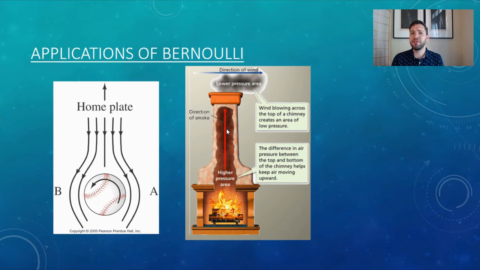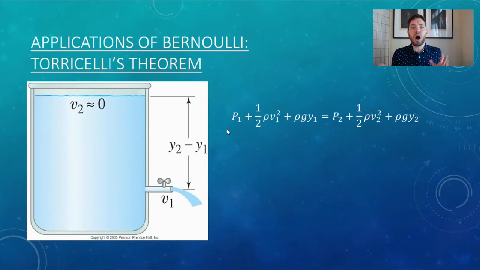There's another specific application of this where we're looking at a water tank, right? Some container full of a fluid, and there's a spigot or a tap on the side of it. Once we open that spigot up, the water or whatever fluid is going to come out of the spigot at some given velocity.